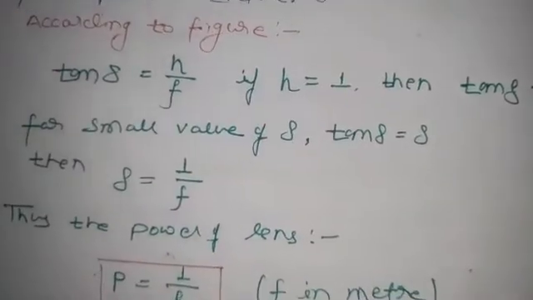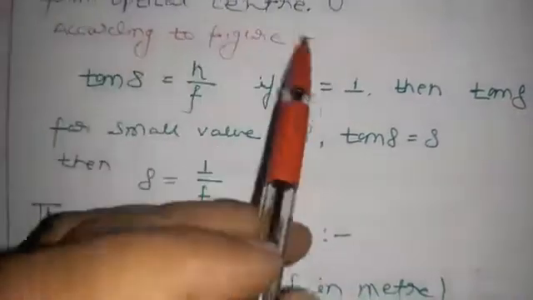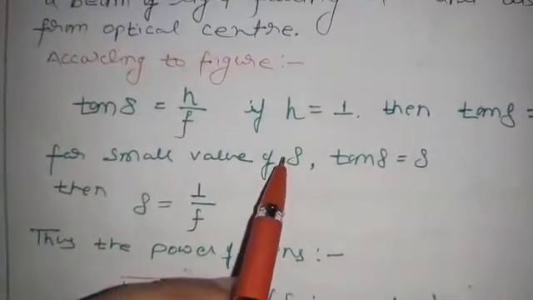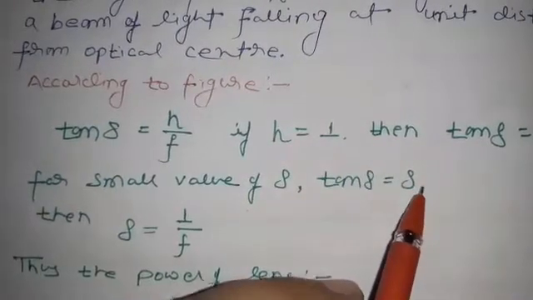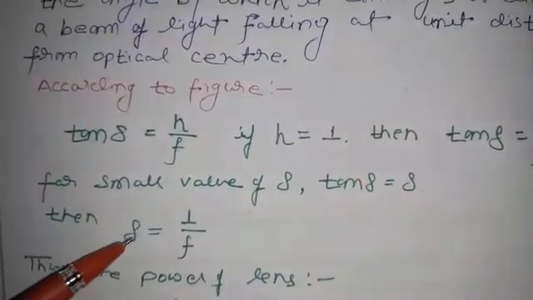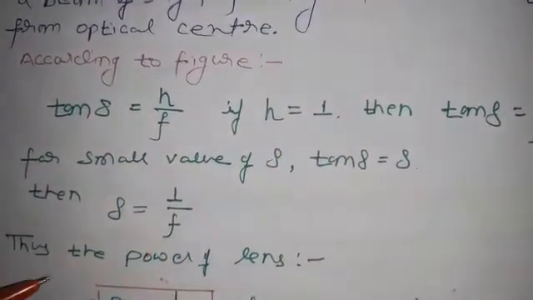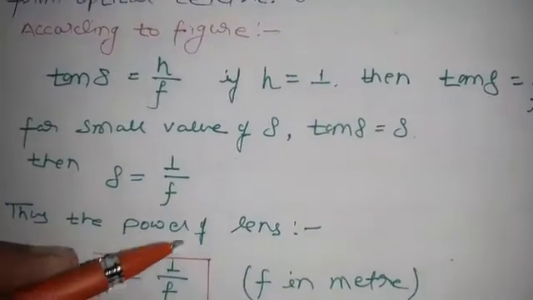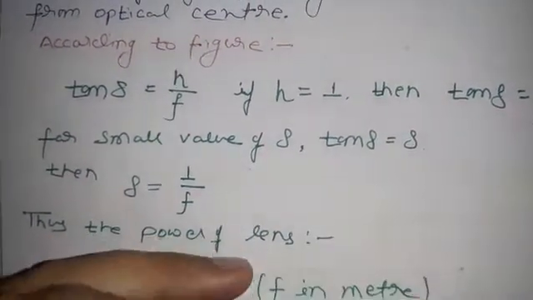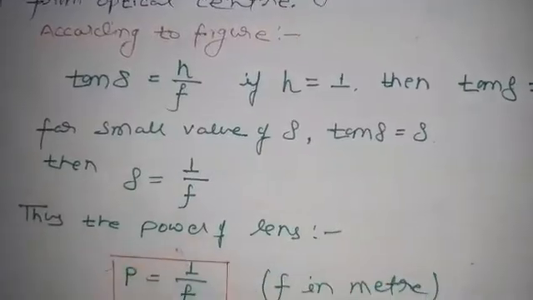For small values, we can consider tan delta equals delta. So delta becomes 1 upon F. So the power of lens becomes P equals 1 upon F, where F is your focal length in meters.